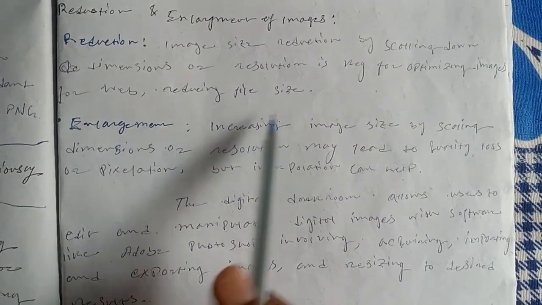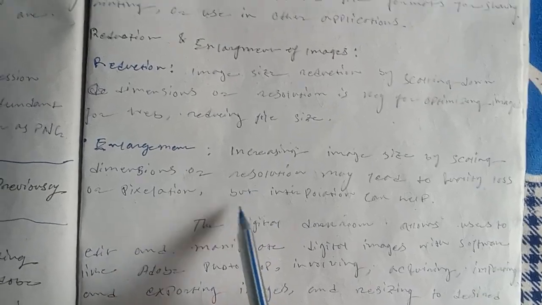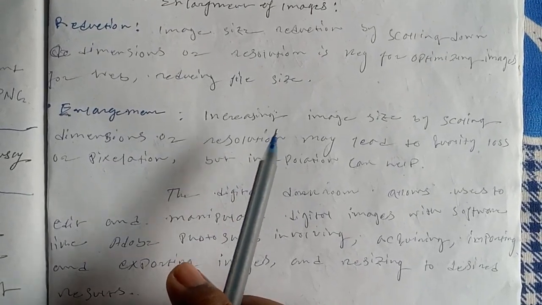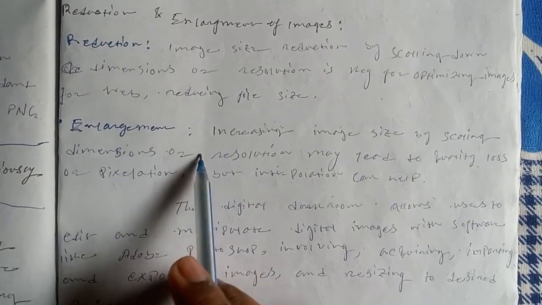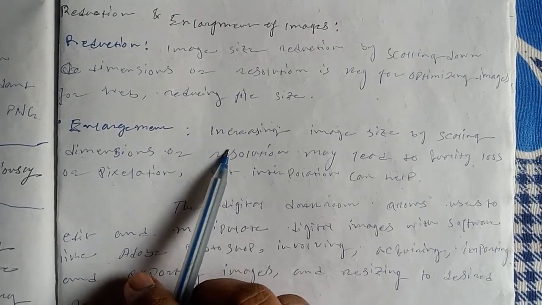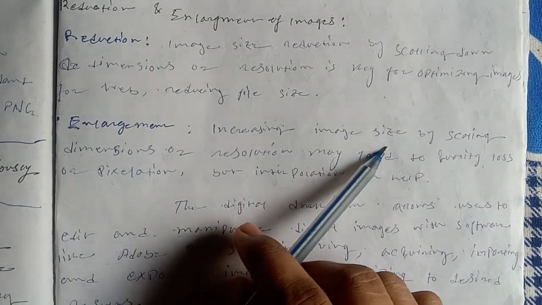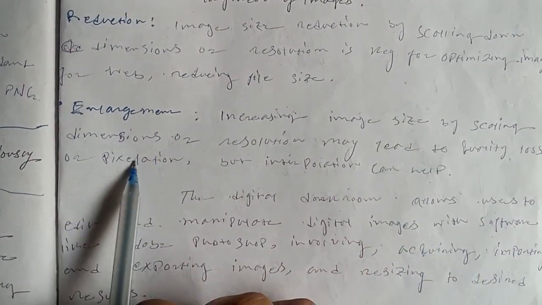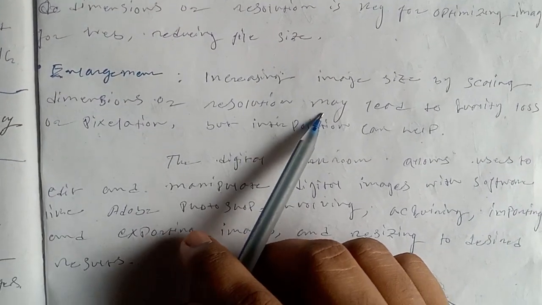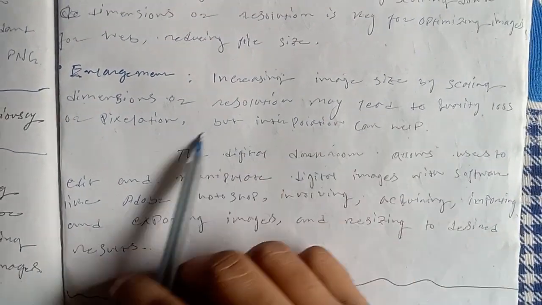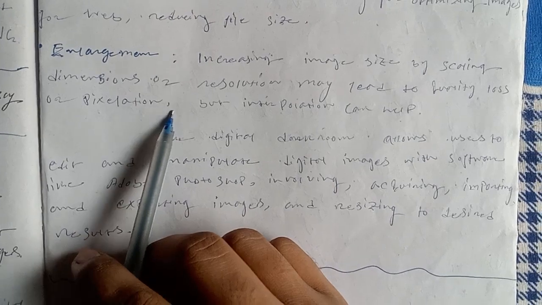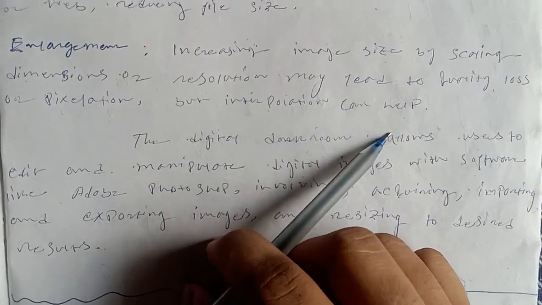It's making something large and increasing the size. Increasing image size by scaling dimensions or resolution may lead to quality loss or pixelation, but interpolation can help.